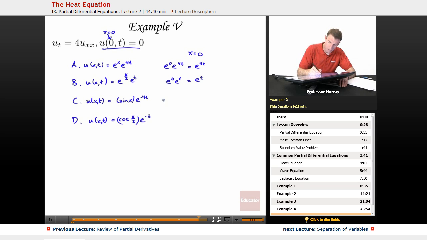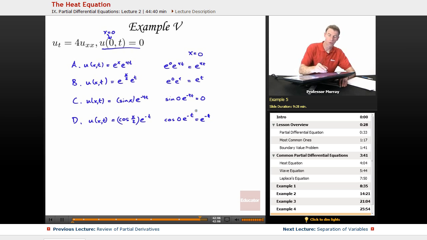Here we get sine of 0 times e to the negative 4t. Now sine of 0 is 0, so this just cancels away to 0. And finally, here we get cosine of 0 times e to the negative t. Now cosine of 0 is 1, so this is e to the negative t.